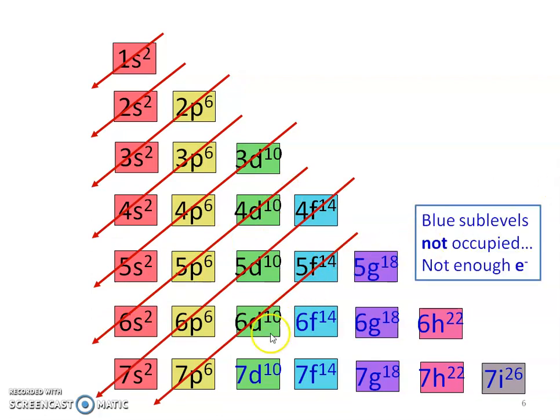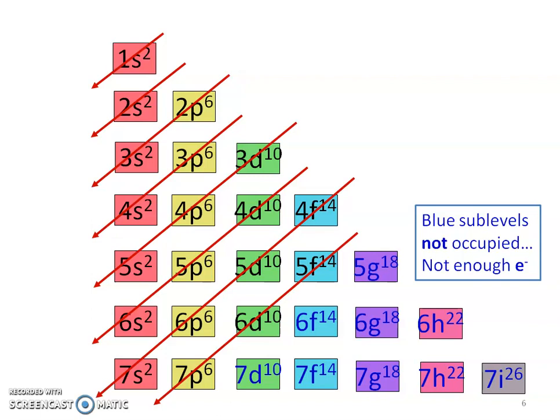So if we look here, I'm going to call those the blue sublevels. They're actually not occupied yet because there's not enough electrons. Now, even with these man-made elements, they're not sure if those electrons really exist, because those man-made elements live for such a short amount of time, they're really not sure what's going on there. So the theory is that those electrons really do exist.